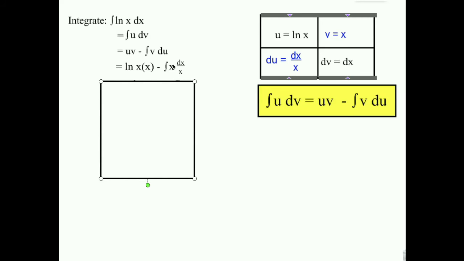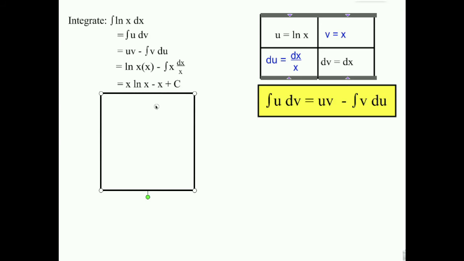Now that we've made the substitution, actually over here on the right, we can cancel this, so we're just doing the integral of dx. So we have x times the natural log of x minus the integral of dx, which is just x. And then plus c, and there we have the integral of natural log of x dx.